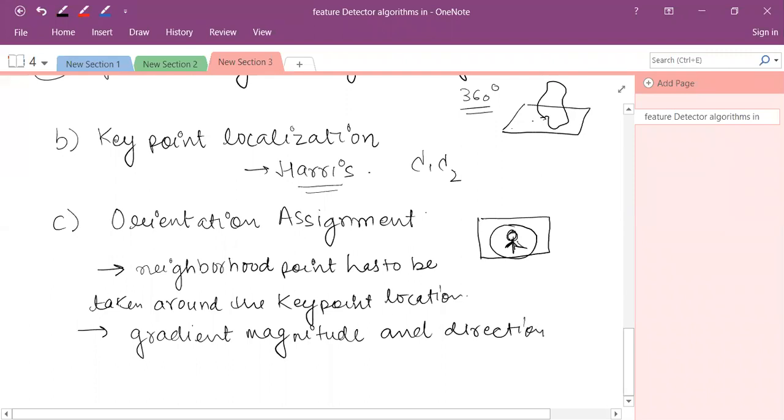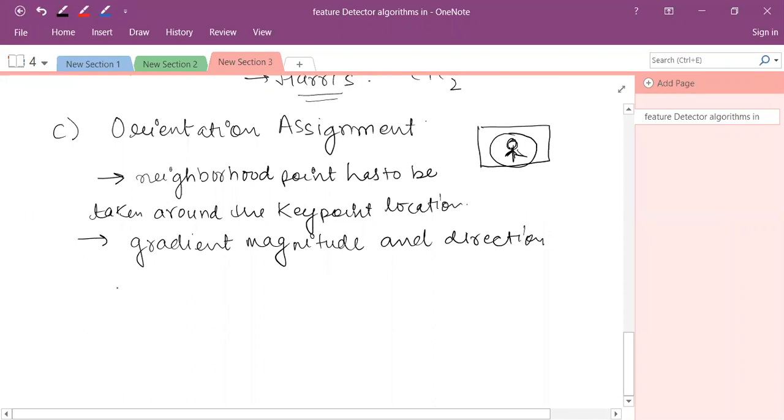Now after this calculation, you have to create a histogram. Because I am considering this object in the 360-degree point of view, the angle point of view, we have to create 36 bins. So you can say in one bin, there is an angle accommodation from 1 to 10 degrees. Sorry, 36 bins means I have 360 angle.